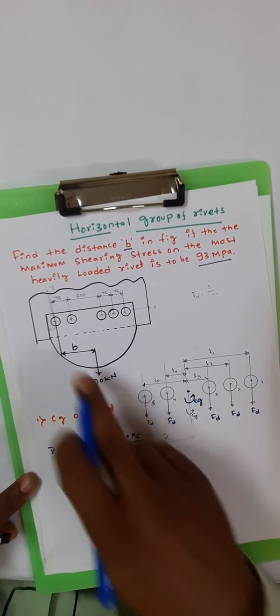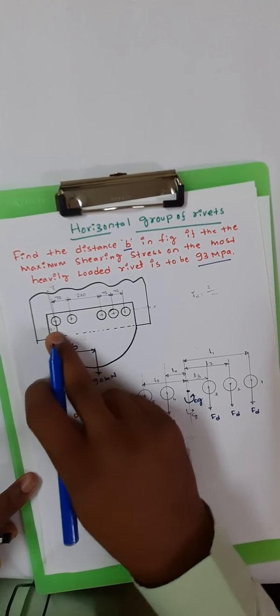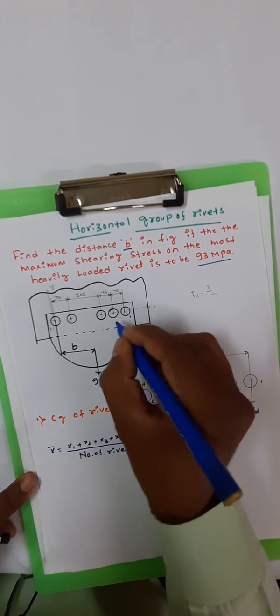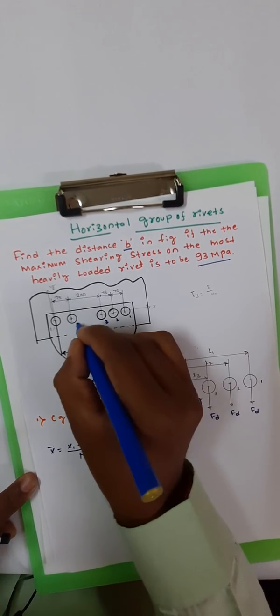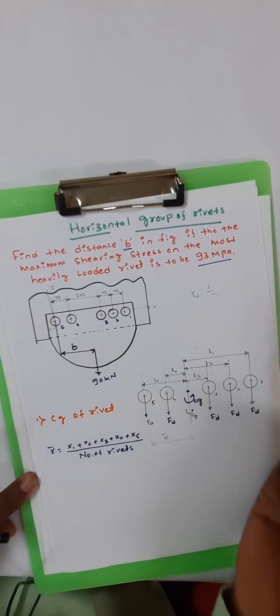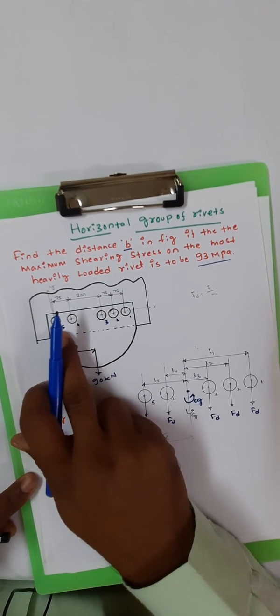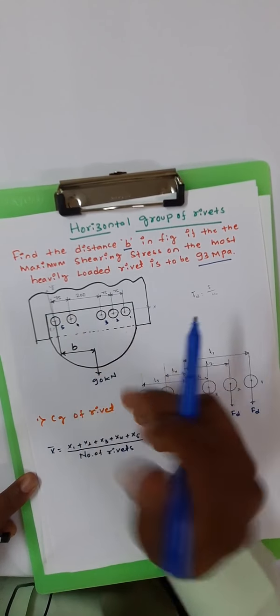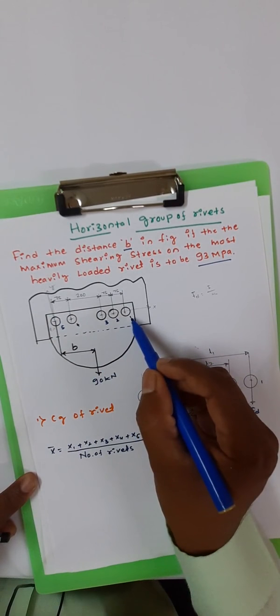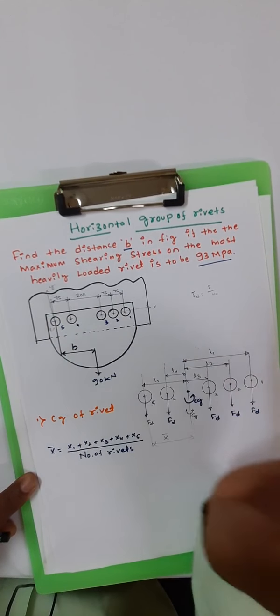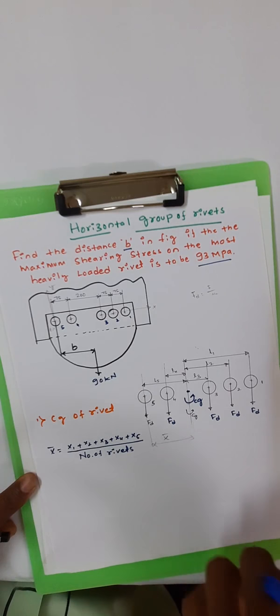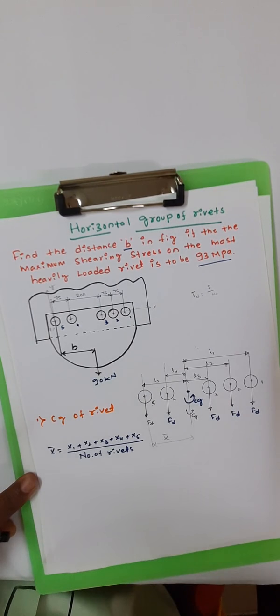As a reference, we will name these rivets 1, 2, 3, 4 and 5. This is as per your requirement; you can name from here or from here. I will consider this as the first rivet, then second, third, fourth and fifth.